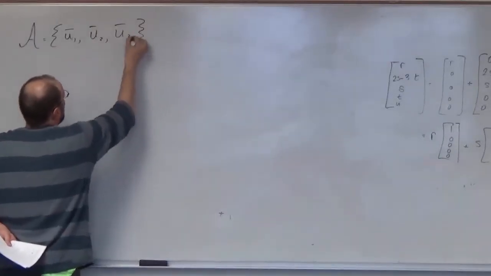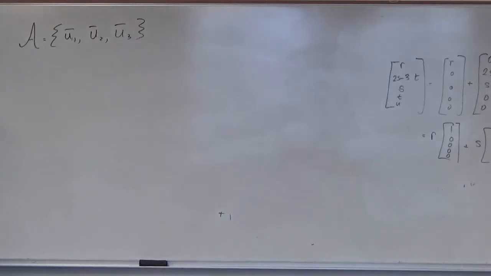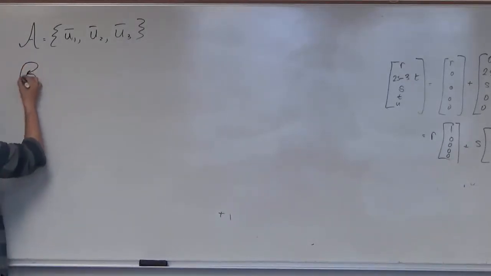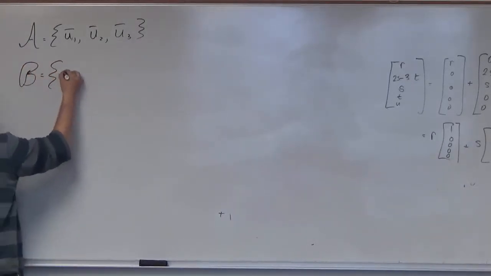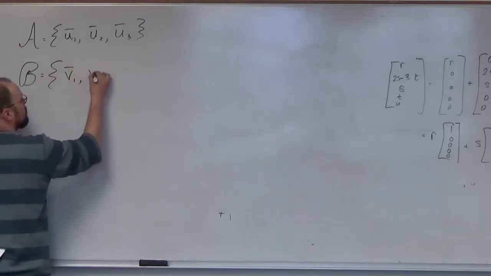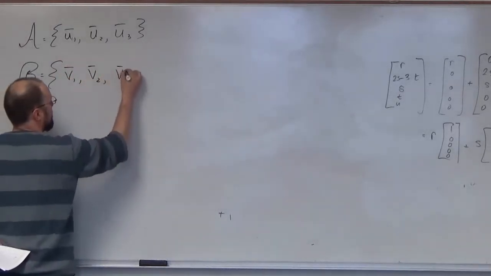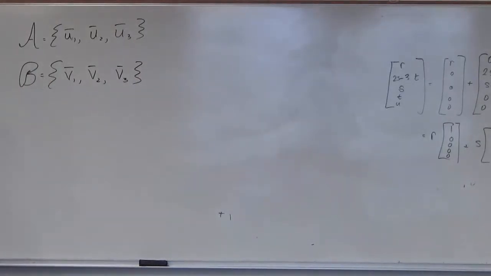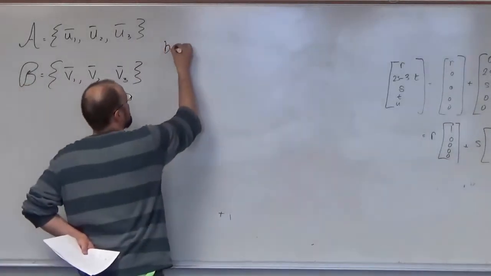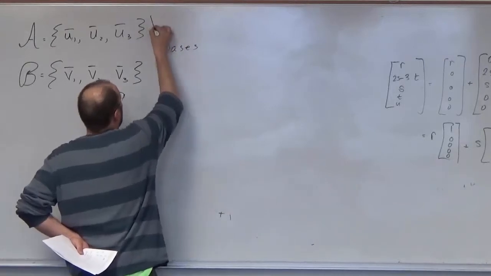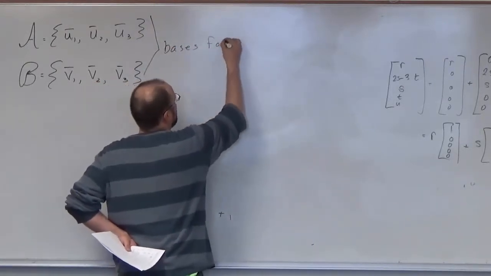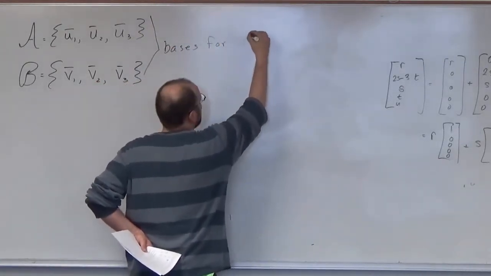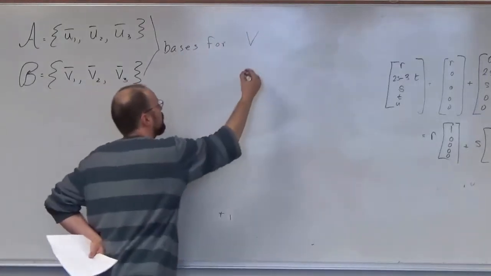I'm just dealing with three dimensions for clarity's sake. And suppose that this is another basis for the same space. These are two bases for, say, a three-dimensional vector space.